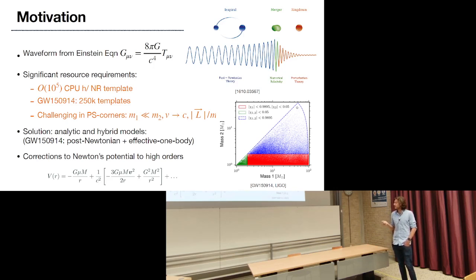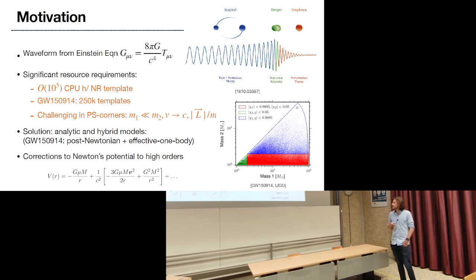For example, for the first detection, 250,000 templates were needed, and this basically means this is far too much to do with numerical relativity. It becomes even harder if you go to certain corners in phase space. A particular example is the large mass ratio limit, which will be important for LISA. Here we will see a hierarchy of 1,000 to 10,000 between the masses, and this is just very challenging for numerical relativity to do.